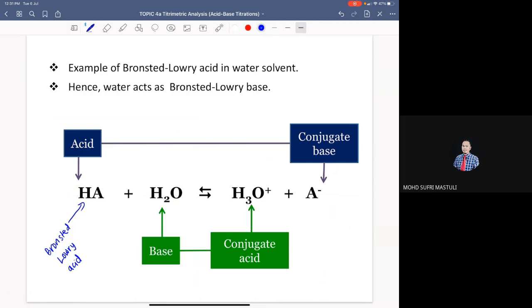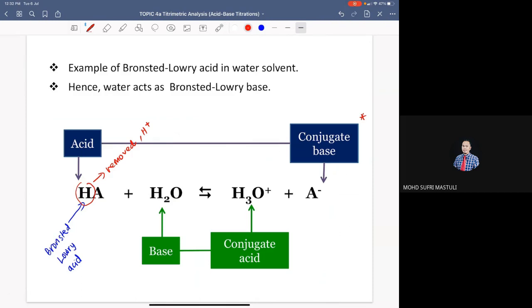Remember, acid according to Bronsted-Lowry is a proton donor, so the proton will be removed. When the proton is removed from the acid, it becomes the conjugate base. Conjugate base is the species left after we remove the hydrogen. This is why A minus is left over, because HA loses H plus. So the conjugate base is the ion A minus.